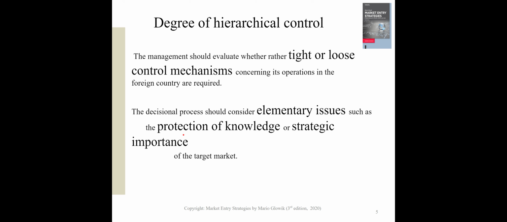For example, concerning the pharmaceutical industries, pharmaceutical firms pay utmost attention to the protection of knowledge. So that's why pharmaceutical firms tend to favor own operations, in-house operations, rather than, for example, joint ventures. Joint ventures are more common, for example, in the electronics industries.